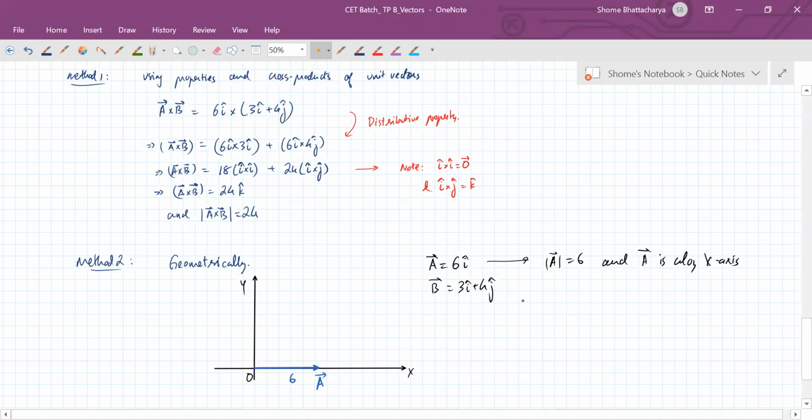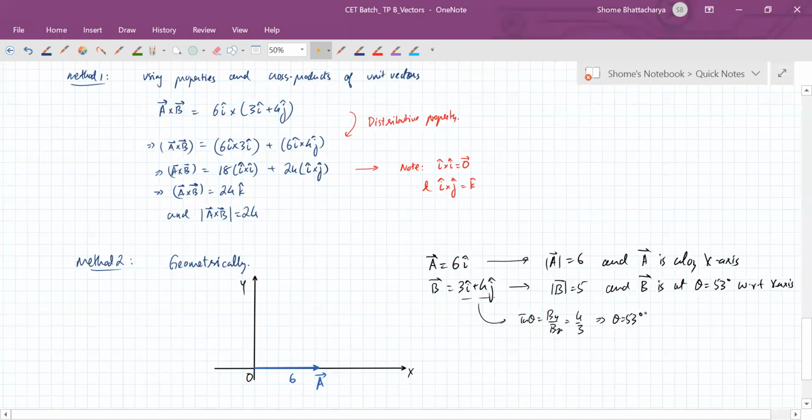Whereas if you look at the vector B, the magnitude of B you'll realize is 5, and the vector B is at theta equal to 53 degrees with respect to the x axis. Because from the components you can see that tan theta is the y component divided by the x component, so 4 by 3. So that means theta is 53 degrees.